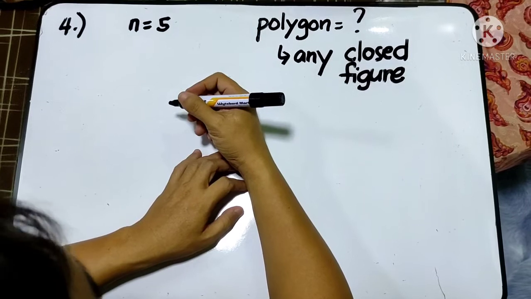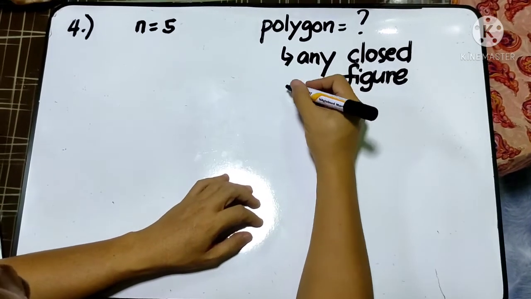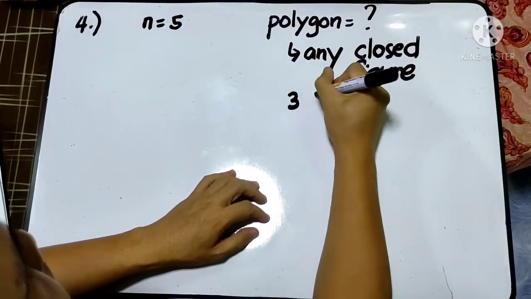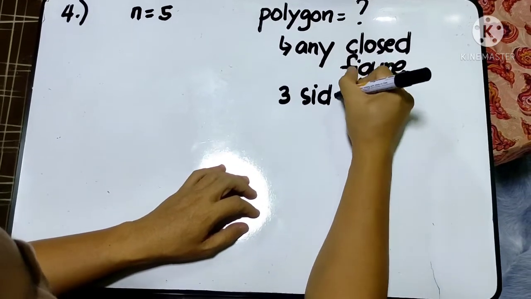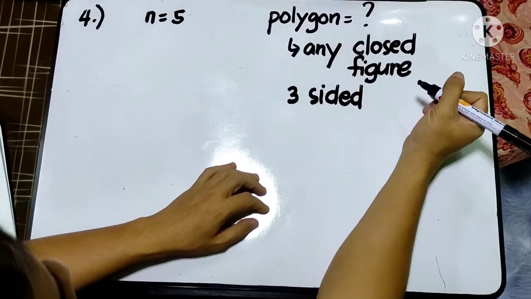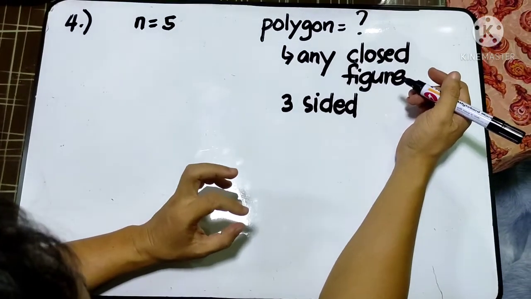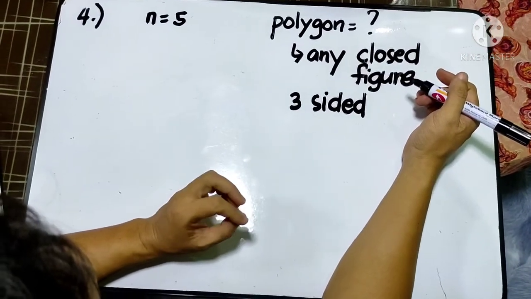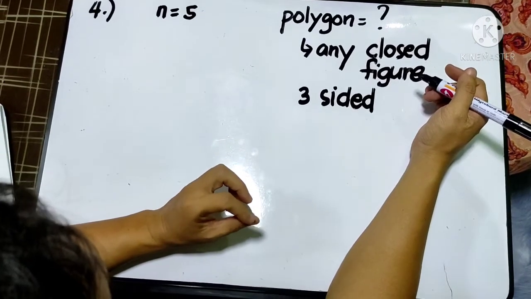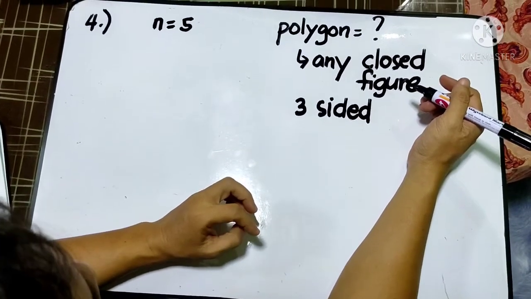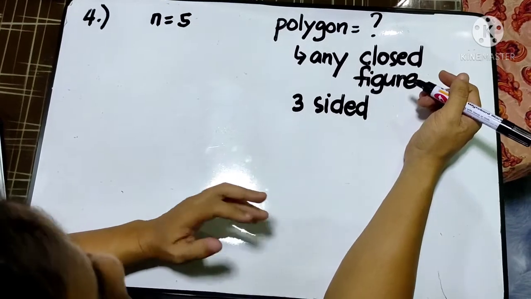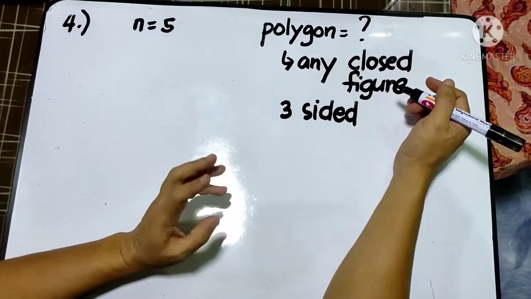So, meaning, ang polygon ay pwedeng 3-sided. Hindi siya pwedeng 2-sided kasi open yon. Ang pinakaunang klase ng polygon na pwede mong magawa ay yung 3-sided. In other words, triangles.